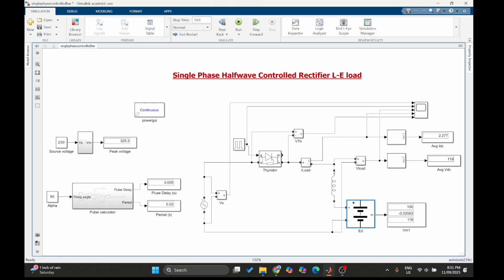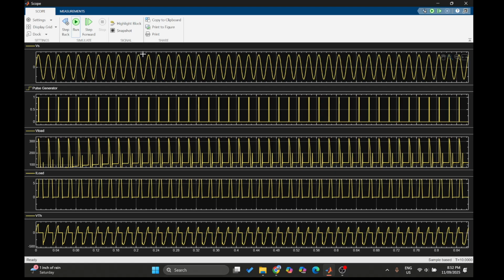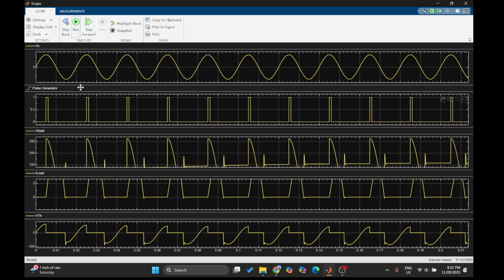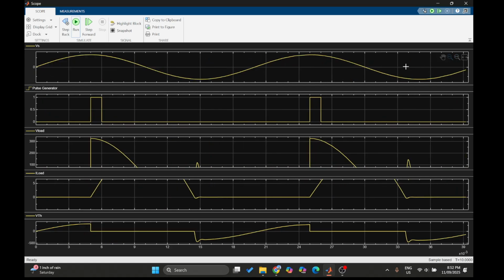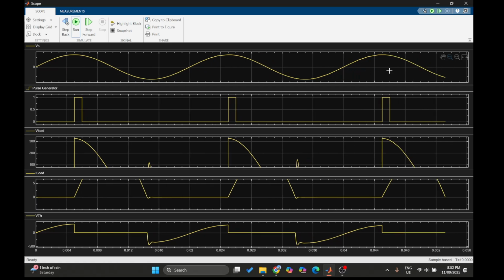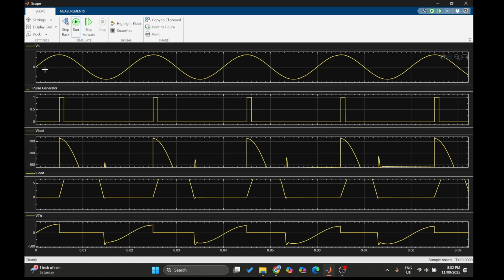Then in this circuit, let's go to the waveform first and explain. Okay.